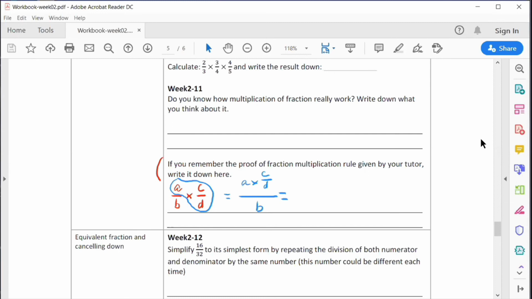And then that means you times the top again. So you have A times C over D, and then the whole lot is going to be over B as a fraction.